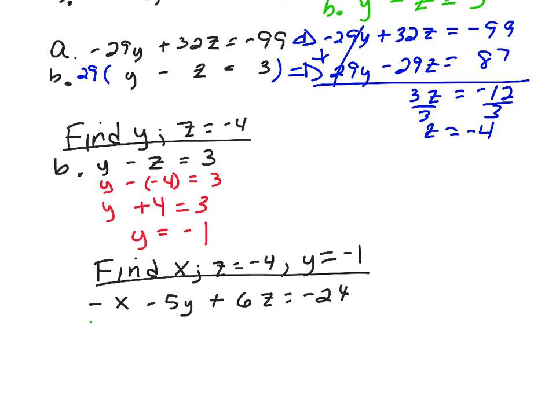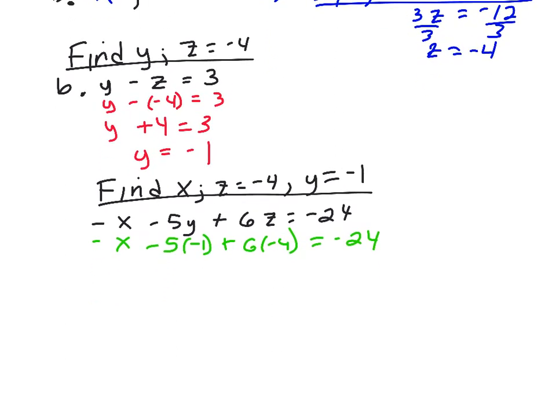And plug in your numbers. I'm solving for x, so it's negative x minus 5 times negative 1, that's y, plus 6 times negative 4, because that's z, equals negative 24. So I have negative x plus 5 minus 24 equals negative 24.